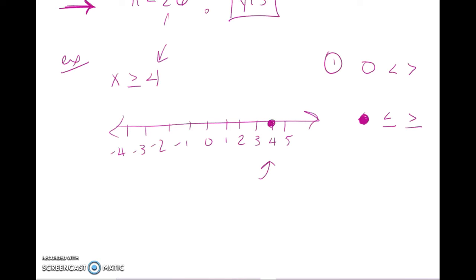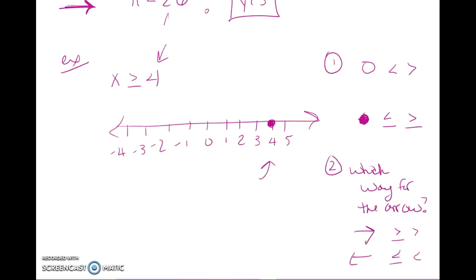So this is your first step, identify your circle. And then the second step is to ask, which way for the arrow? If it's greater than, we go to the right. And if it's less than, we're going to go to the left.